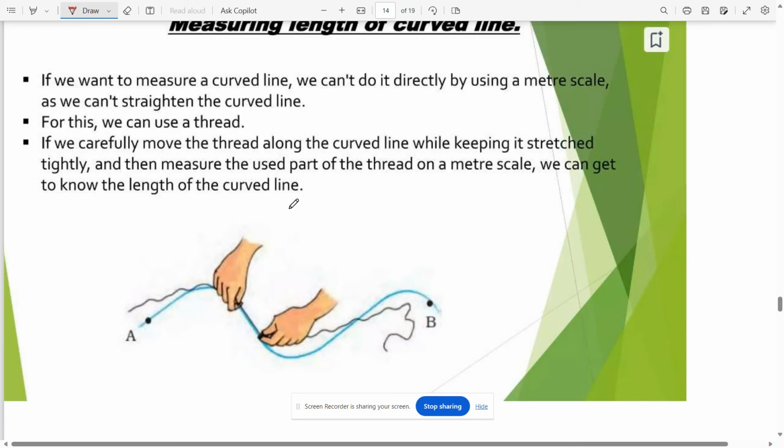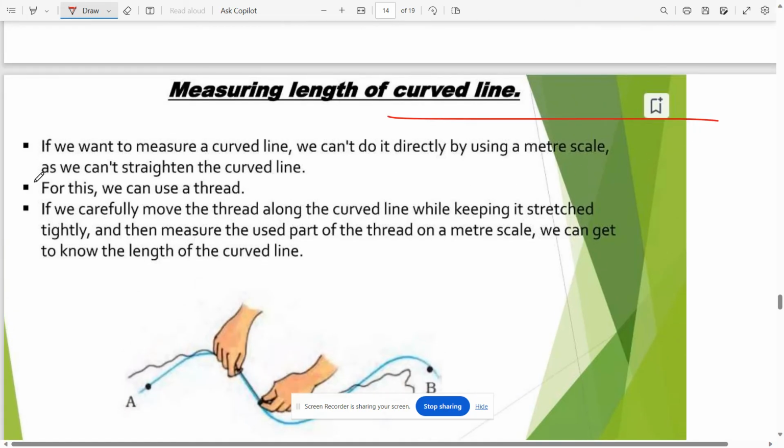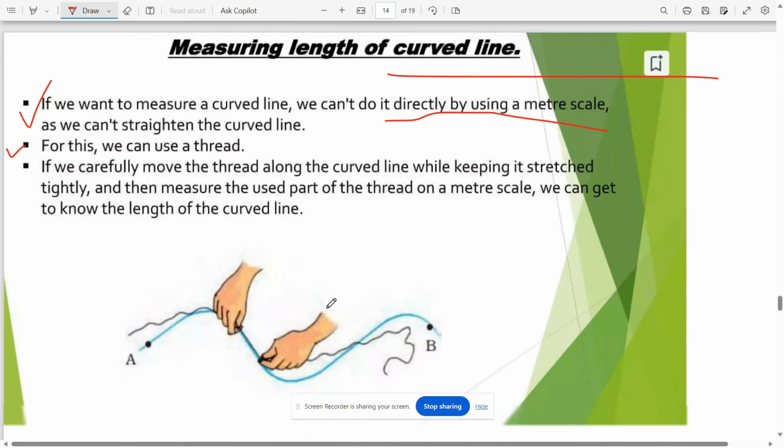Then, measuring lengths of curved lines. If we want to measure a curved line, we can't do it directly by using a meter scale, as we can't straighten the curved lines. For this we can use a thread.